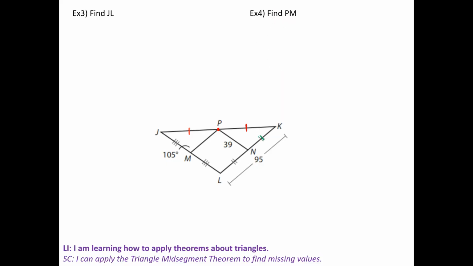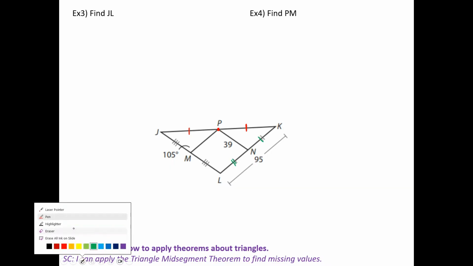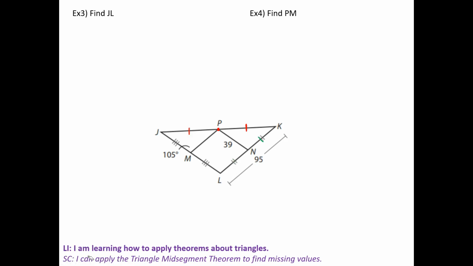There we go. If those two distances are the same, so the same distance from N to K as N to L, then that means N must be the midpoint.